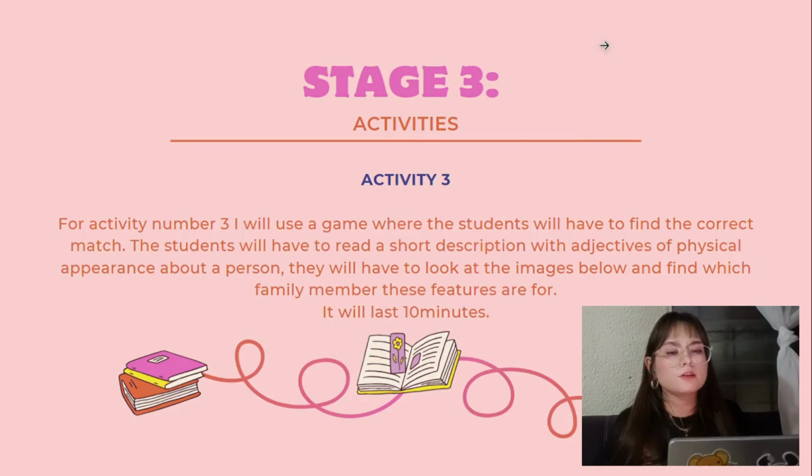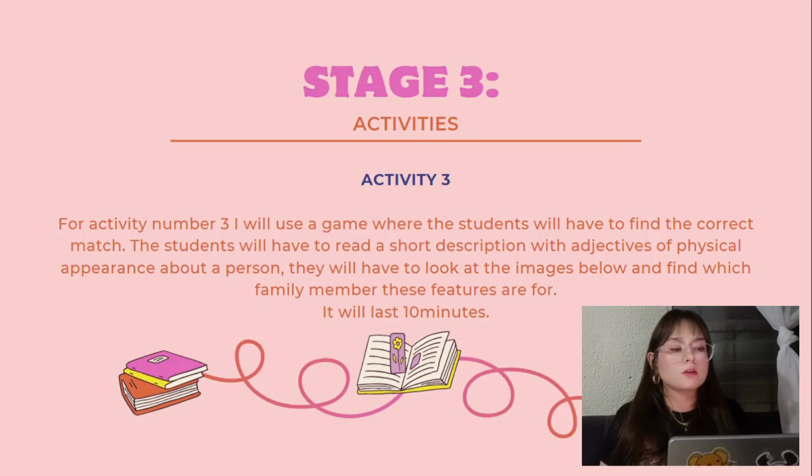And the activity 3, I will use a game where the students will have to find the correct match, and the students will have to read a short description with adjectives of physical appearance about a person. They will have to look at the images below and find which family member these features are for.